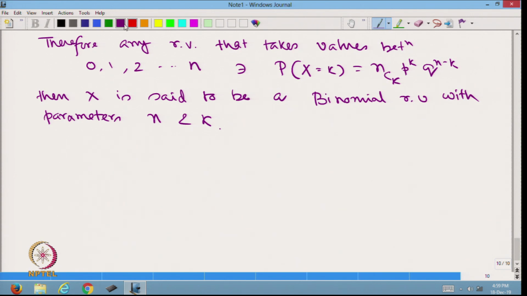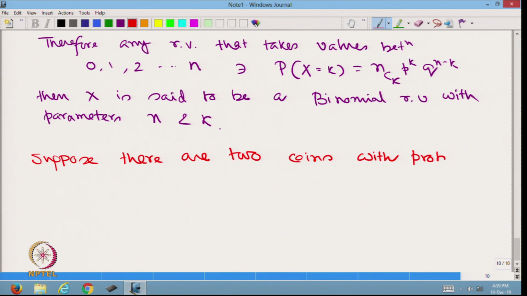Now, suppose there are two coins with probability of getting a head equal to p for both of them.